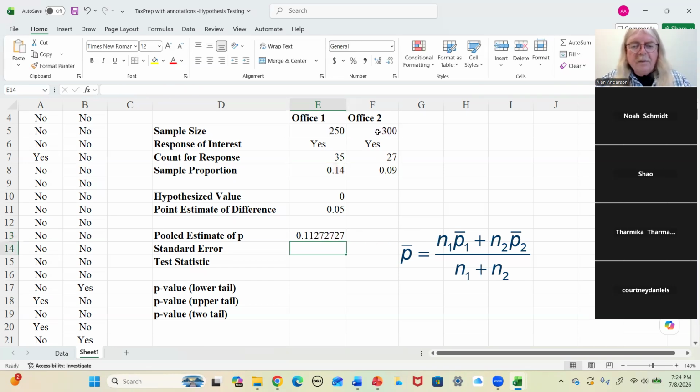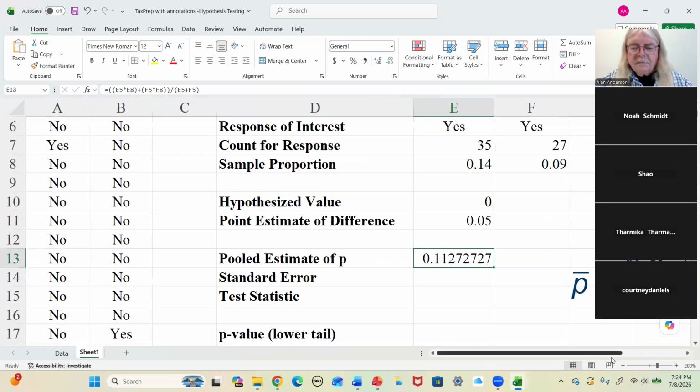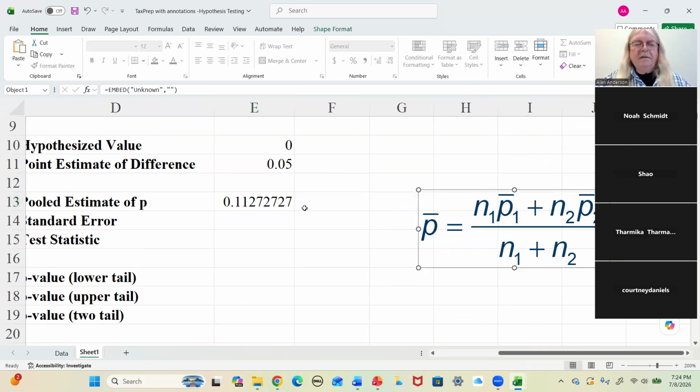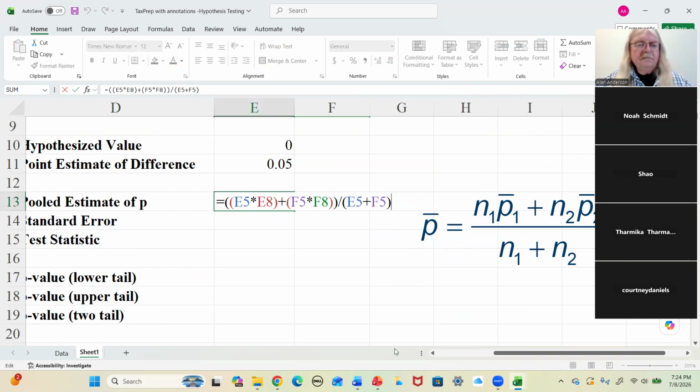All right, I'll make this a little bit bigger so you can see it better. That's this thing over here. Well, good.